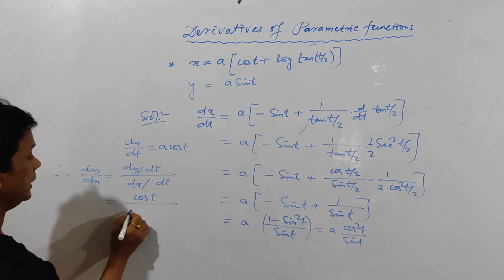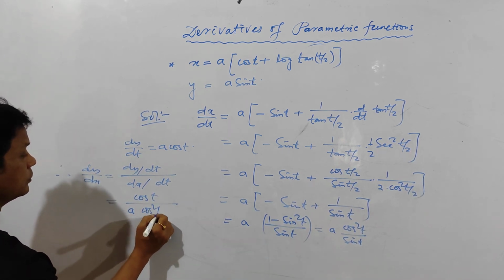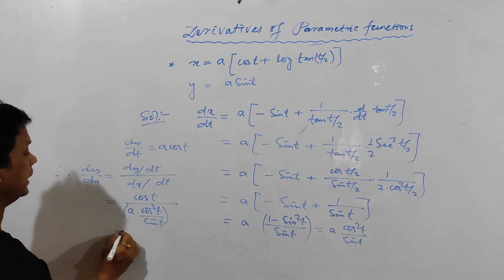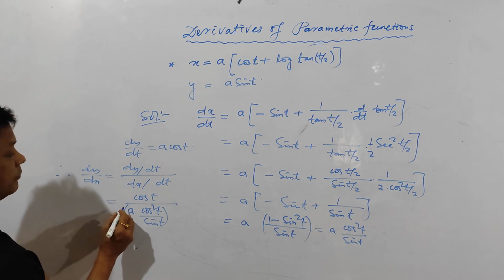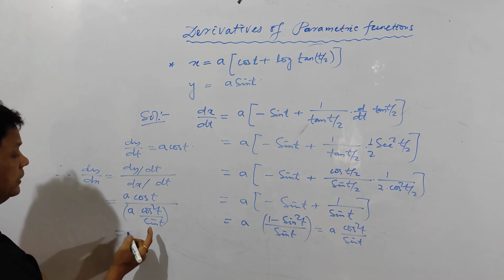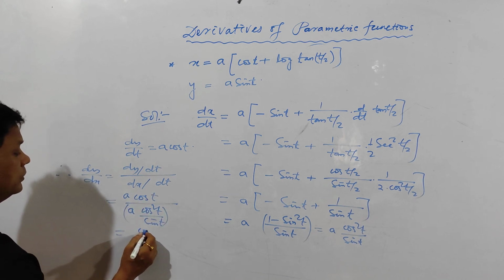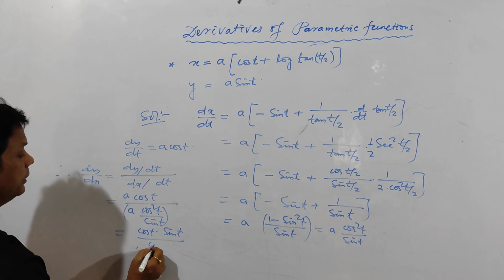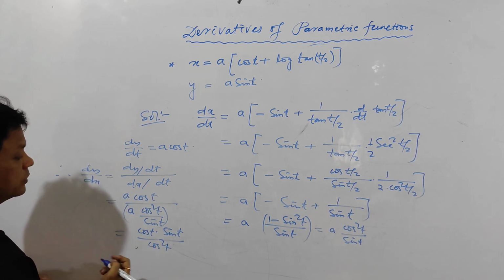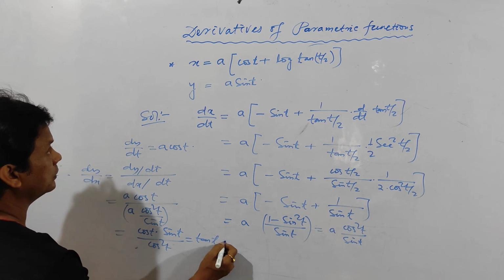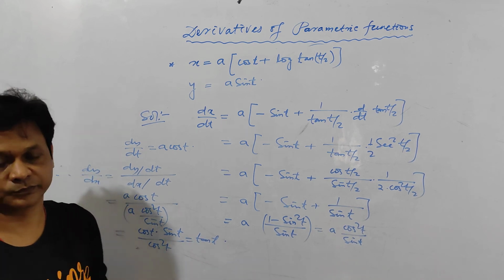Dx by dt is a cos square t by sin t. Put a bracket here and then write a cos t. A cancels out. Then take sin t to the numerator, cos t into sin t divided by cos square t. So one cos cancels out, sin t by cos t is tan t. Clear? So this is the answer.